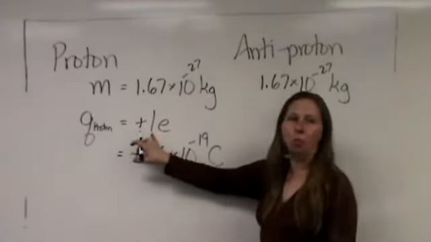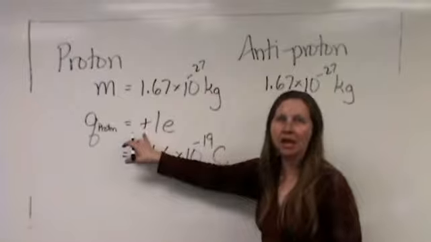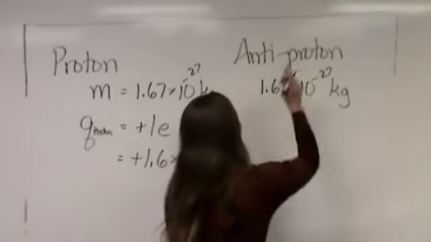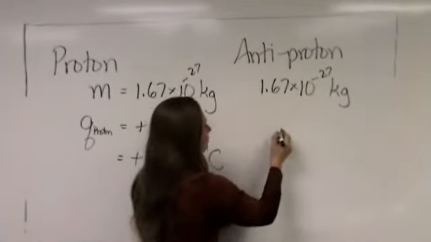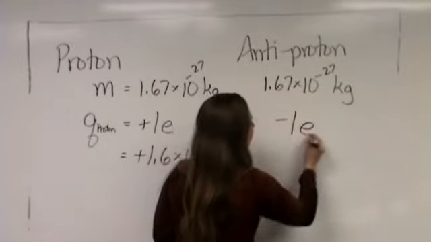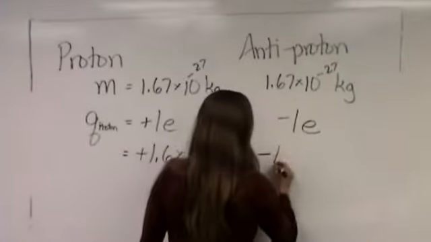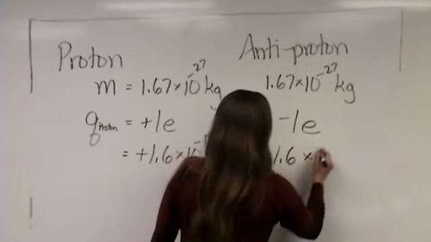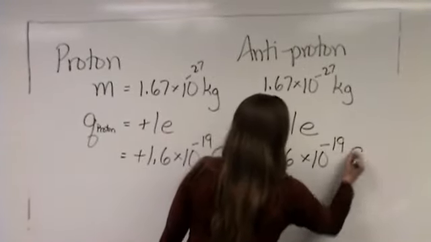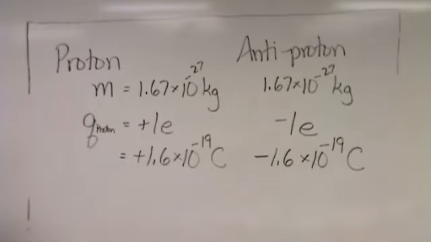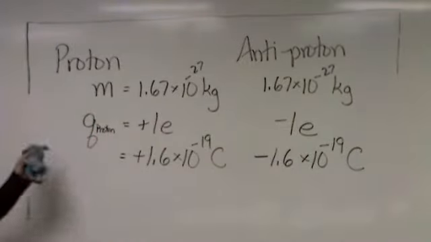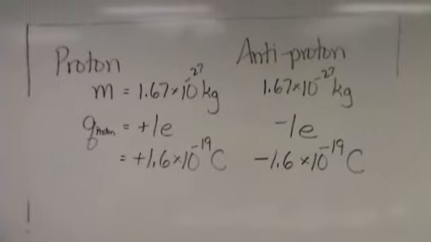Same magnitude, 1, opposite sign, negative. So, the charge of an antiproton would be -1e, or -1.6 times 10 to the negative 19 coulombs. The proton and the antiproton.